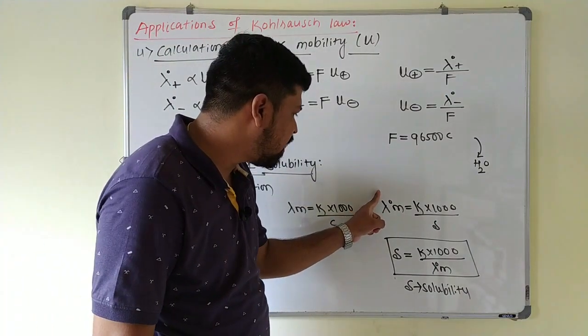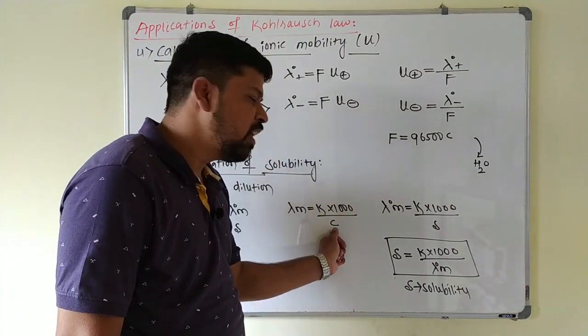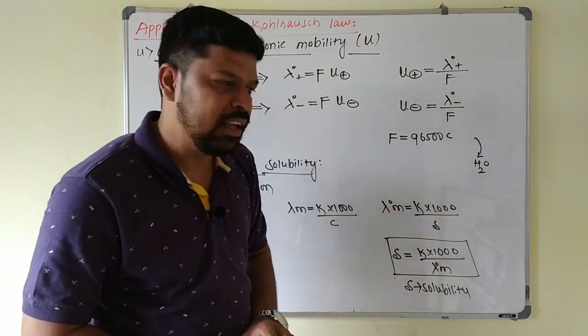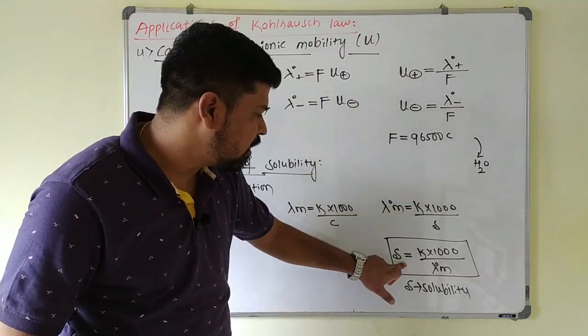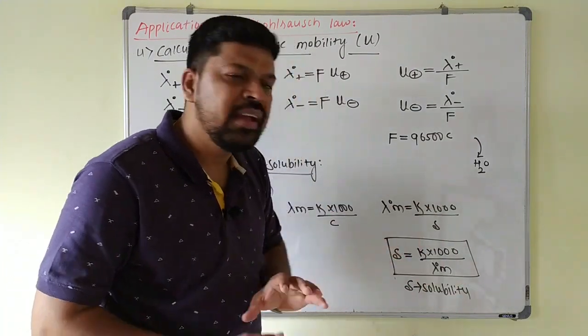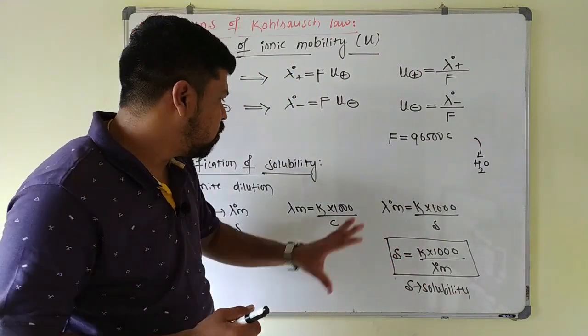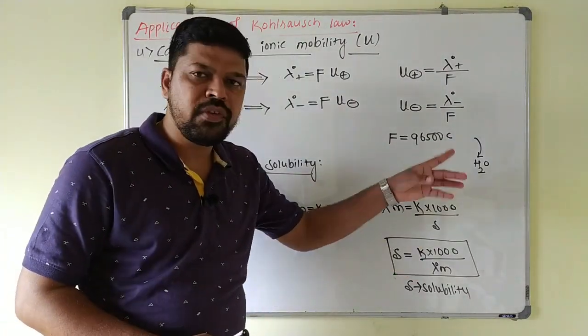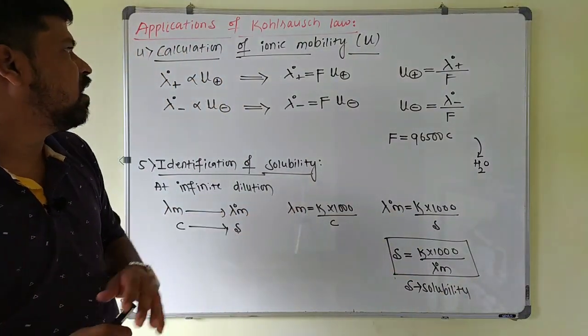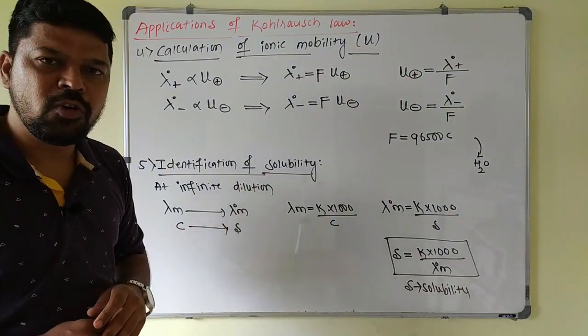If you take limiting molar conductivity, this concentration can be replaced with the solubility. So here solubility is equal to, if you rearrange this one, solubility is equal to K into 1000 divided by limiting molar conductivity. So by using this limiting molar conductivity, we can calculate the solubility of electrolyte also. And these are the important applications of Kohlrausch's law.